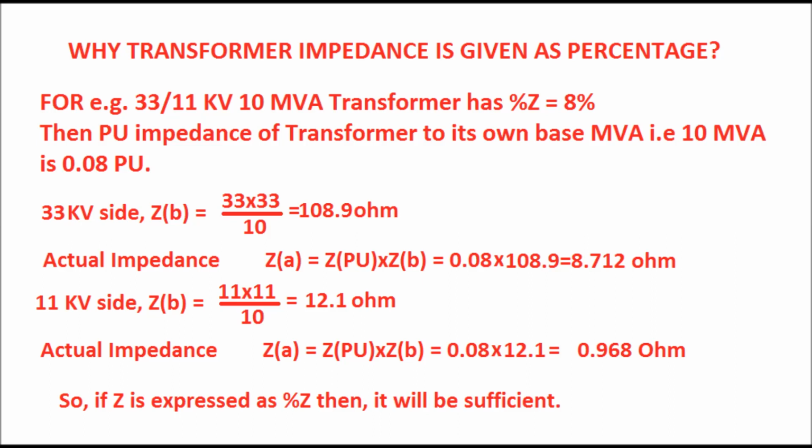So if the impedance is expressed as a percentage, it is not necessary to mention the actual impedance separately with respect to the HV side and LV side. If we express the impedance of the transformer as a percentage, that will be sufficient.